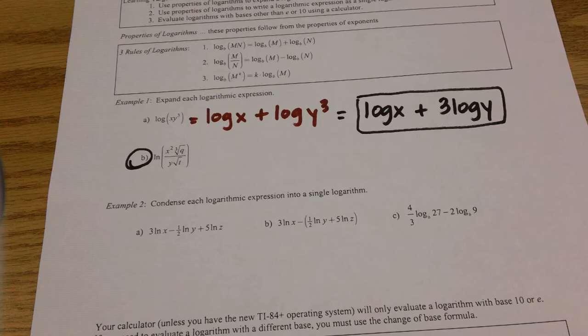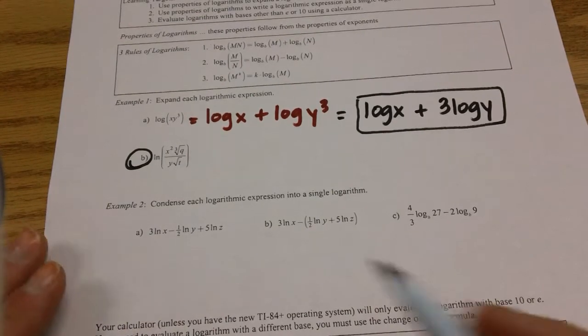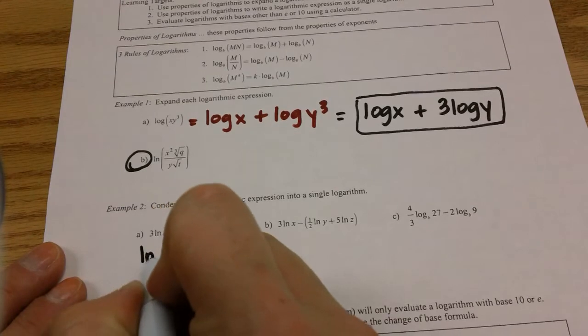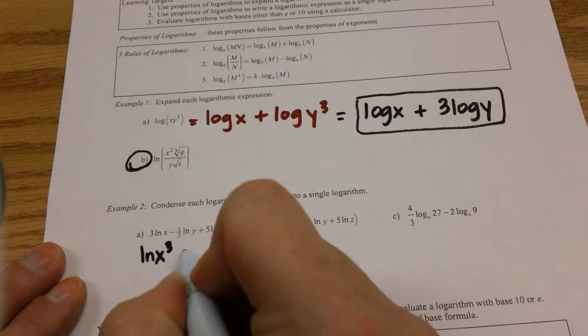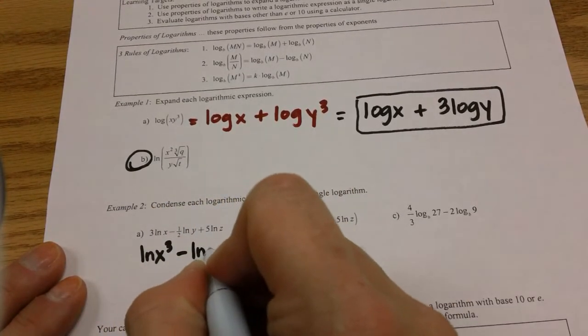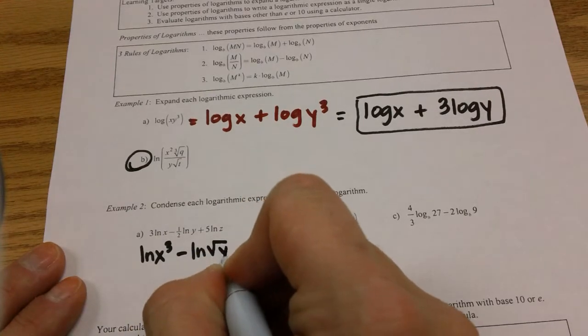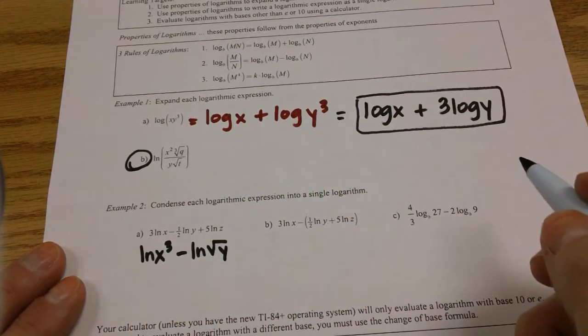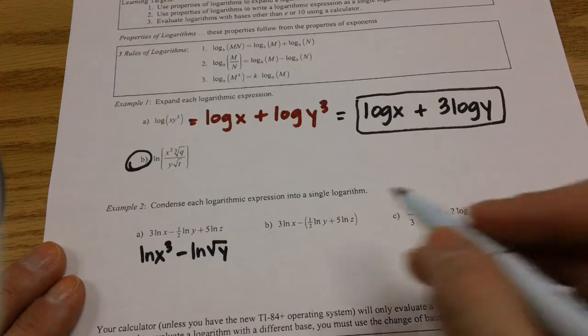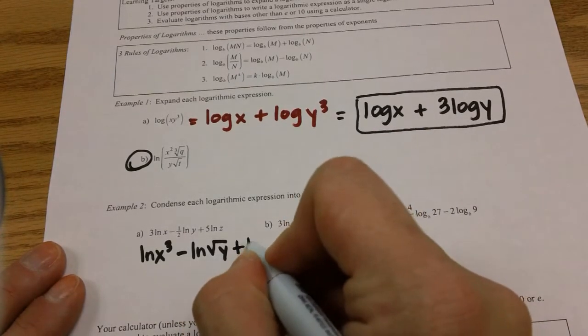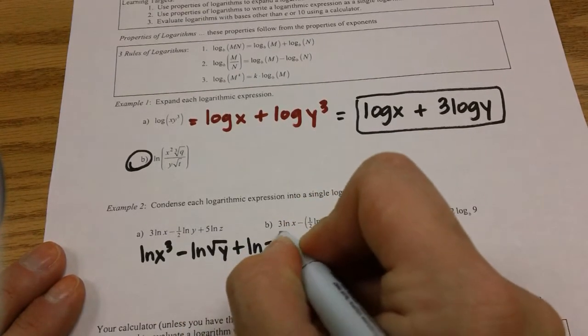First things first, let's get rid of the exponents that we have here. So this is going to be the same as the natural log of x to the third minus the natural log of the square root of y, because remember y to the 1/2 power is the square root, plus the natural log of z to the 5th power.